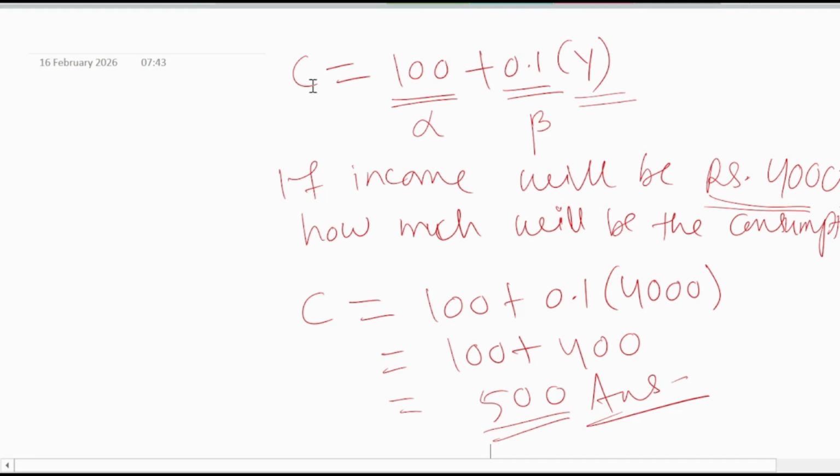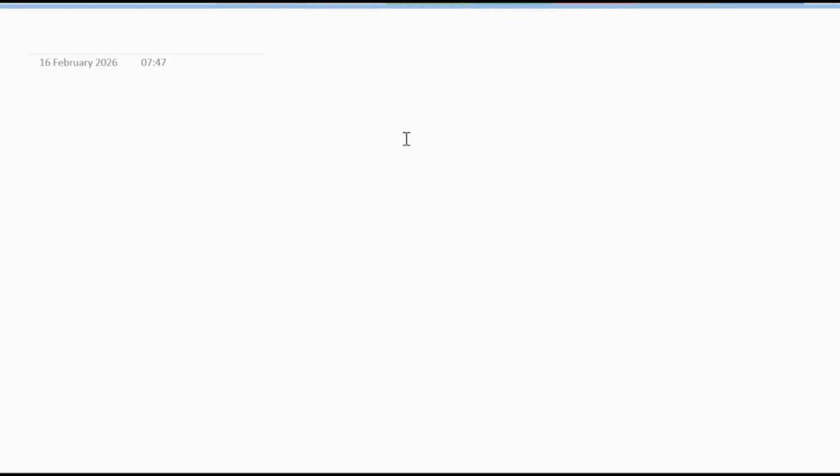Now we can represent this mathematical model in terms of a graph, or we can have a graphical representation of the consumption theory. So here we can write the x-axis and y-axis.